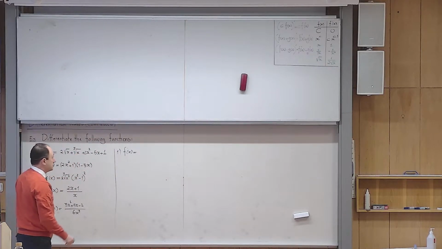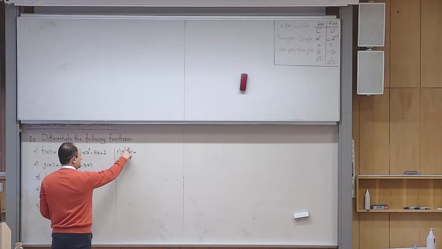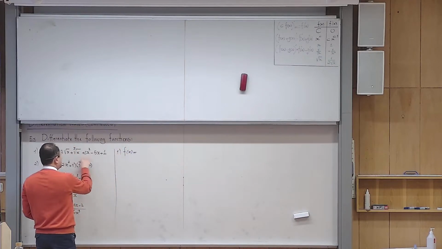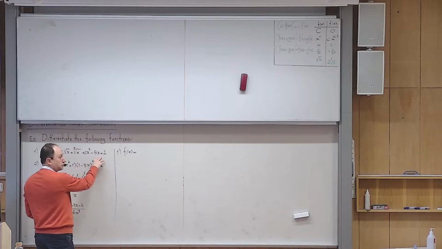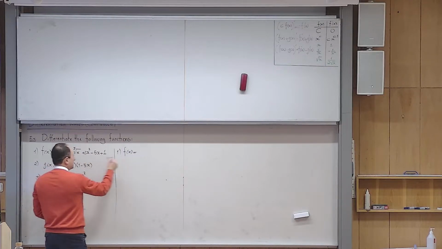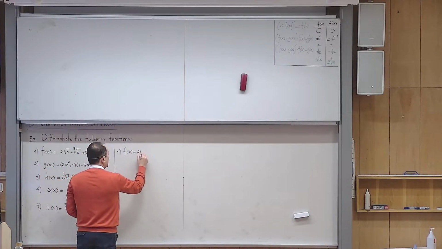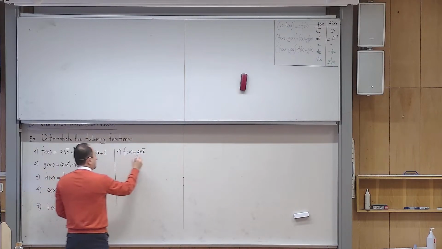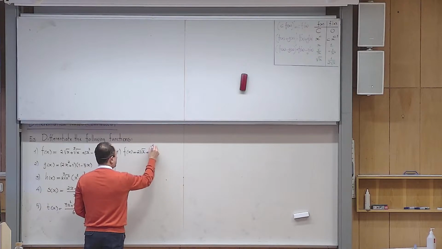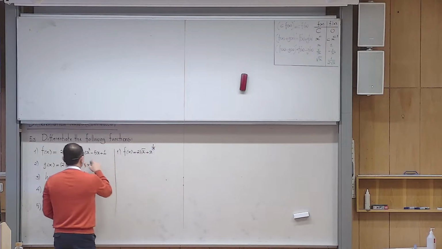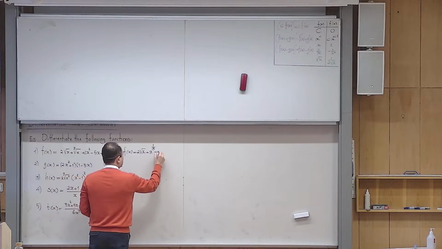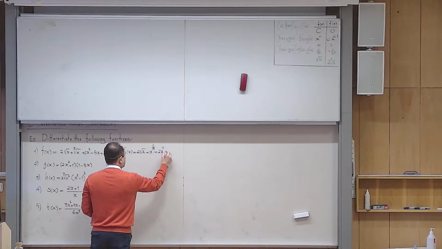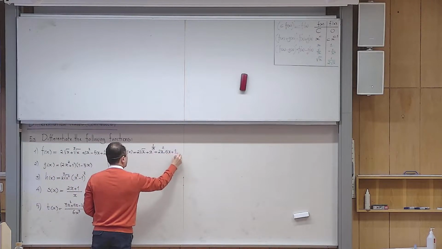So let me rewrite this in a slightly different way: 2 square root of x, because I have it in my memory, I do not change it, okay? But this one, I change it, x to the power of 1/3, and then 2x squared, and then minus 5x plus 1.